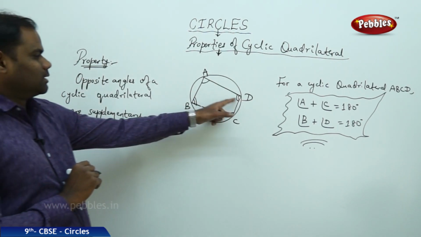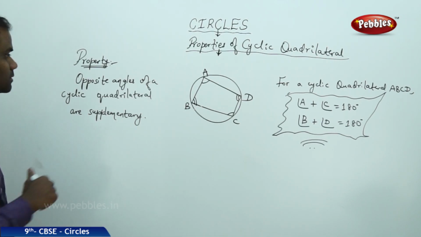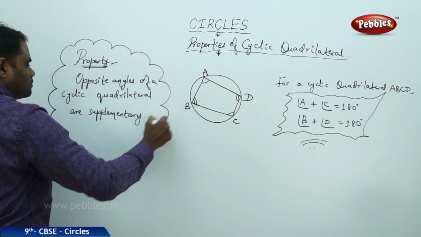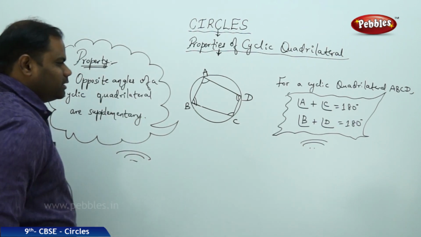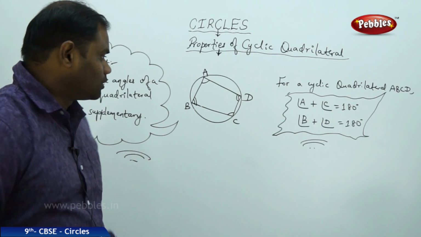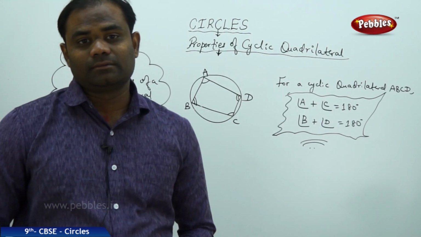So opposite angles of a cyclic quadrilateral are supplementary, that is 180 degrees. This is how we understand the supplementary and the complementary of the cyclic quadrilateral.